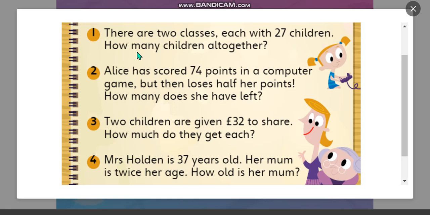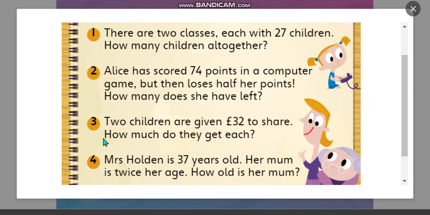For number 2, Alice has scored 74 points in a computer game, but then loses half her points. How many does she have left? Okay, loses half, so that means you are going to halve for number 2.